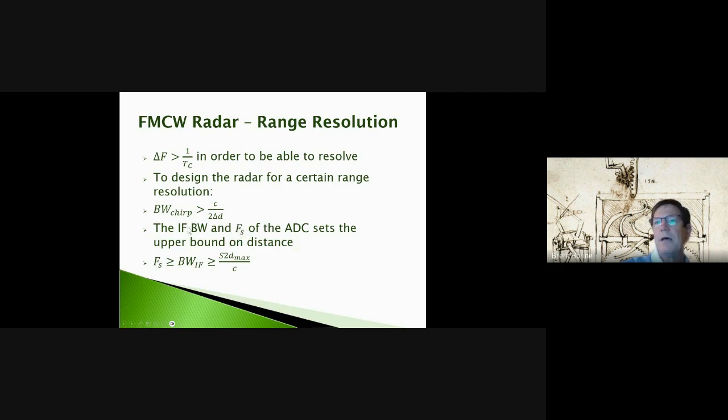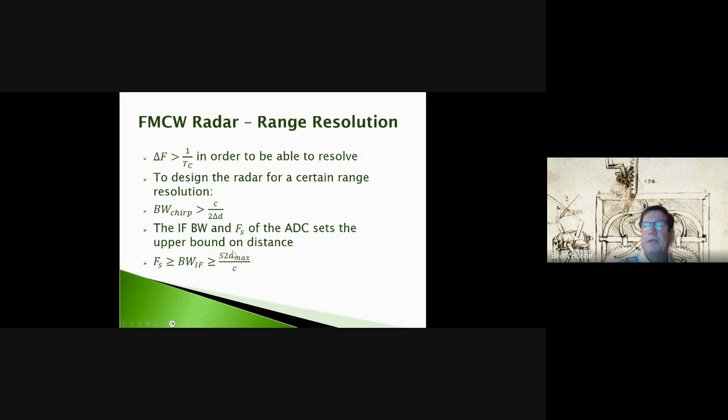So these get harder to implement in hardware and more costly as they increase. There's some hardware limit, maybe driven by cost or power consumption or just technology, and that's going to set an upper bound on the distance that we can image also.